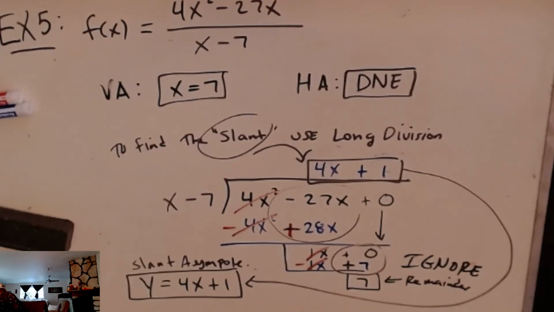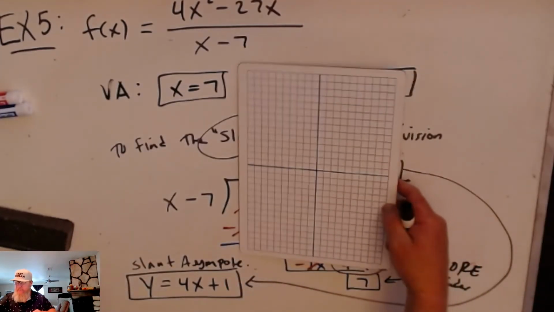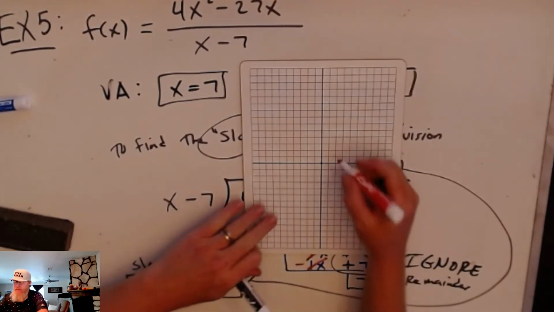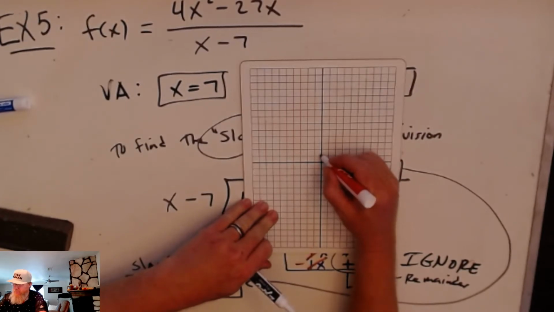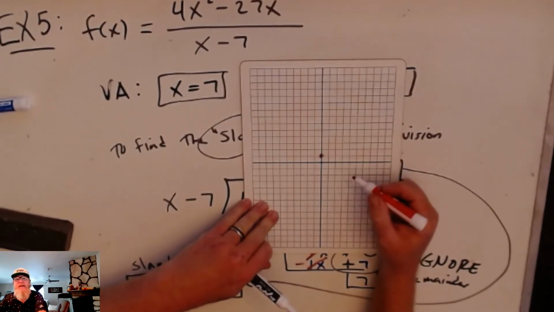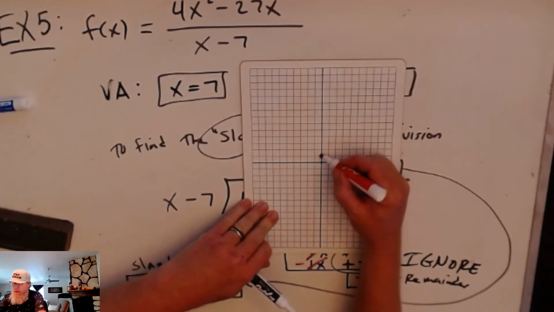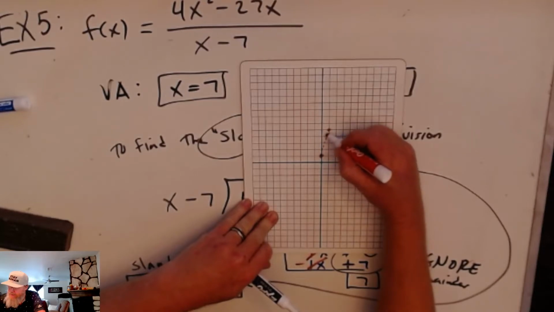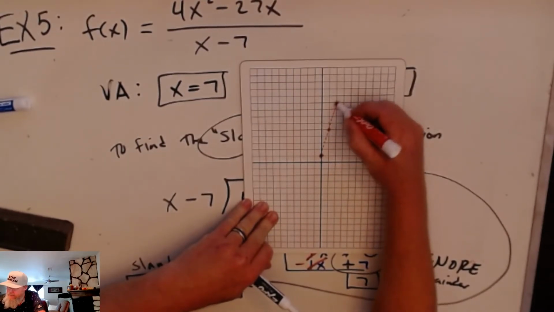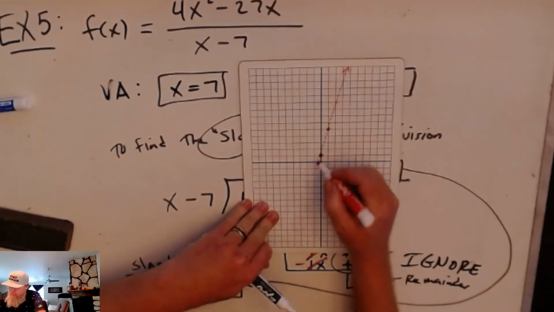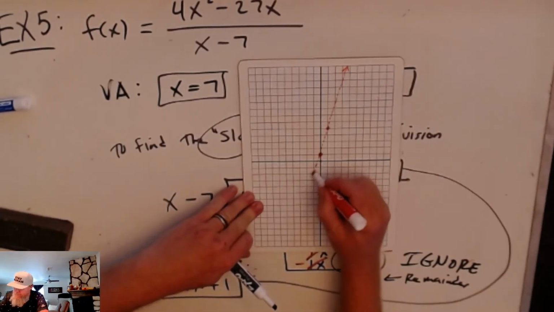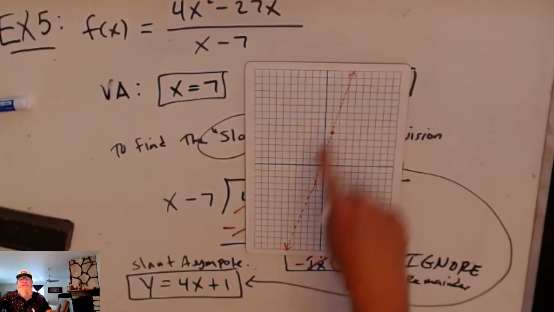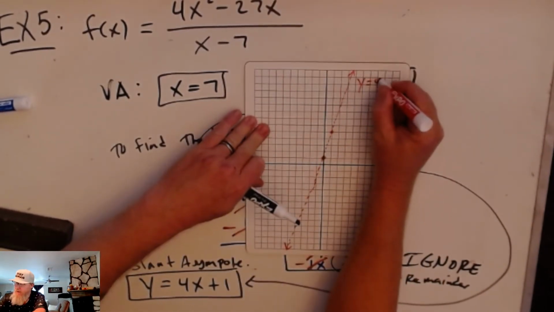To give you an idea of what it would look like, I would go to 1 and put a dot at y equals 1, and then my slope would be up 4 over 1. It'd be a very steep line like this. So this is the line y equals 4x plus 1.